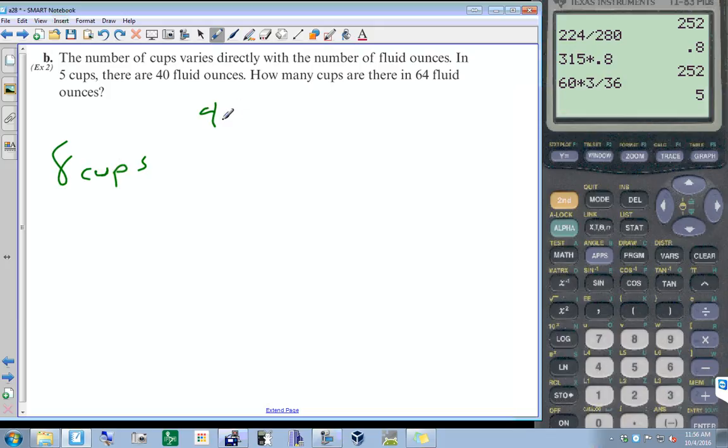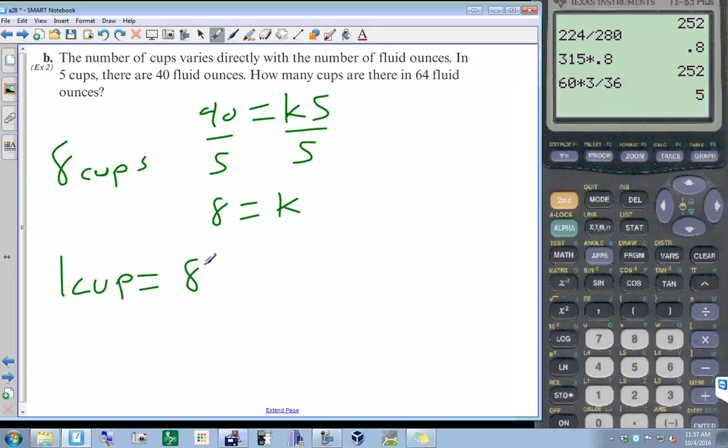So if 40 is equal to k times 5, divide by 5, divide by 5, 8 is equal to k. So we now know that there are 8 ounces in each cup. So 1 cup is equal to 8 ounces.